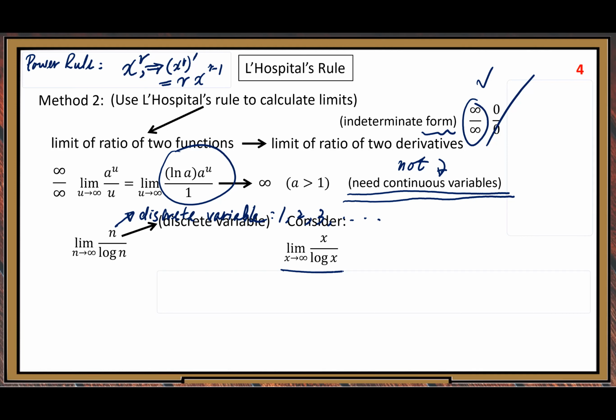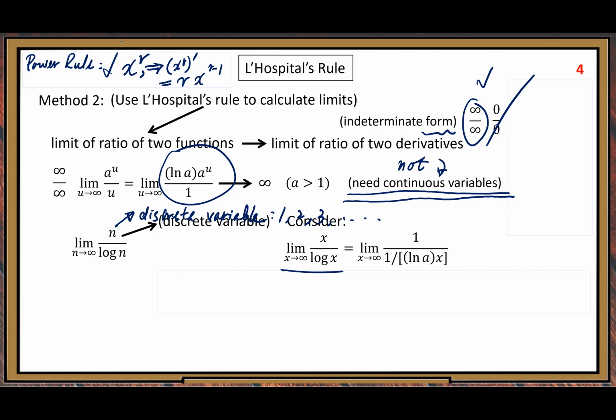So then, let's apply L'Hopital's rule, because this form is infinity over infinity. No problem. The derivative of the numerator by the power rule is 1. The derivative of the denominator, log base a, we can find this formula somewhere: 1 over natural log of a times x.